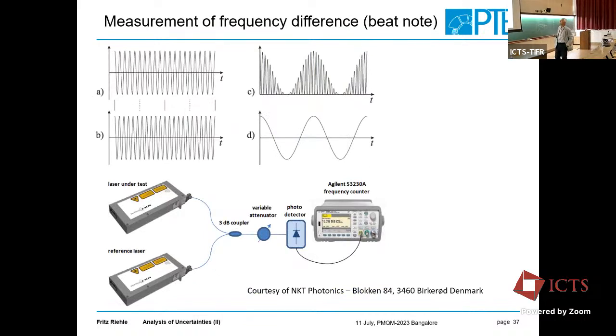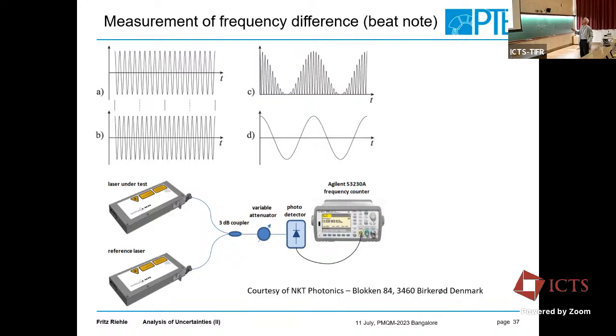Measurement of frequency is usually believed to be accurate because what you do is you simply count. You count different frequencies in a beat note, for instance. One laser gives you this frequency, the other one this.